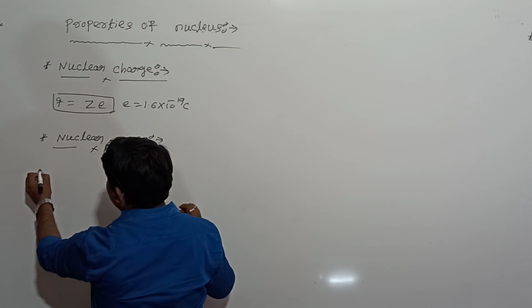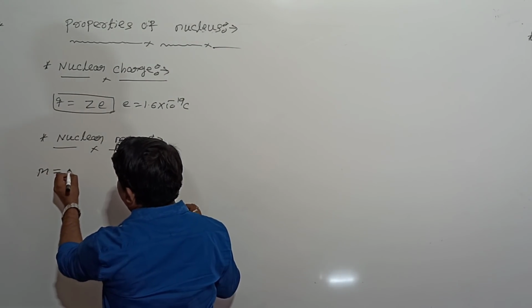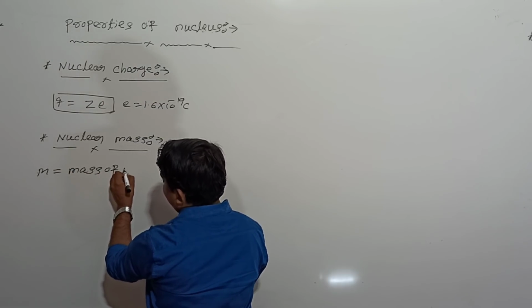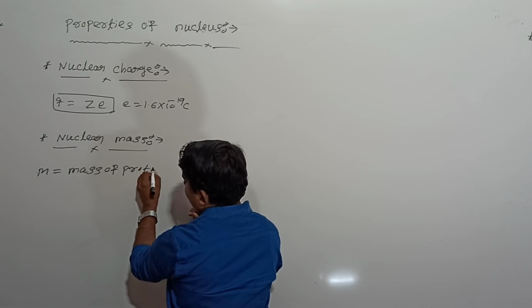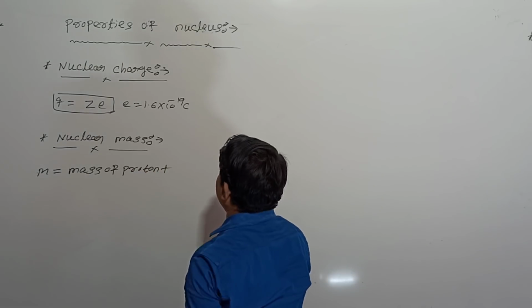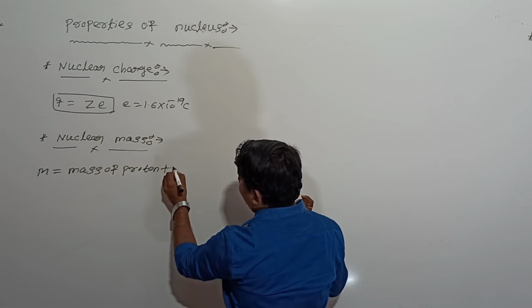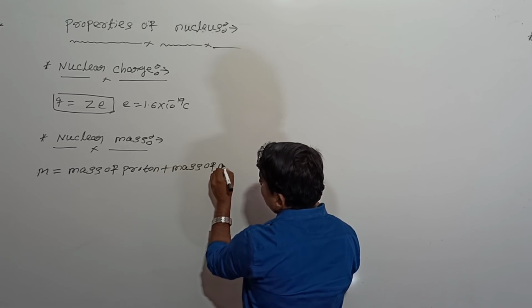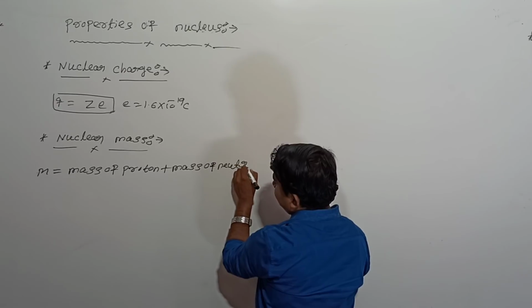Directly, the mass of the nucleus can be represented as mass of proton plus mass of neutron.